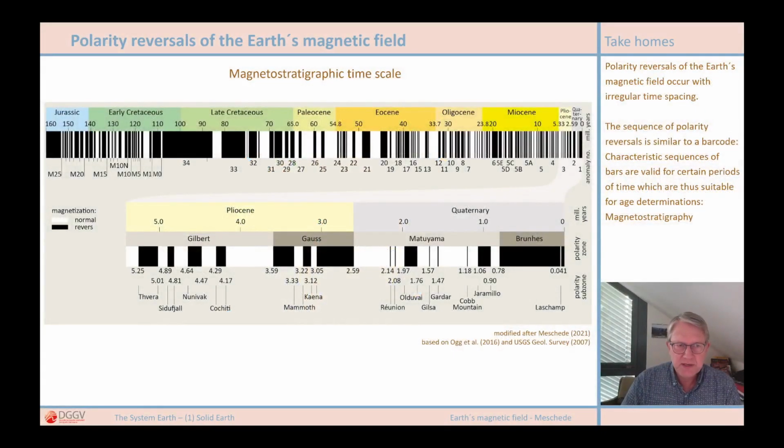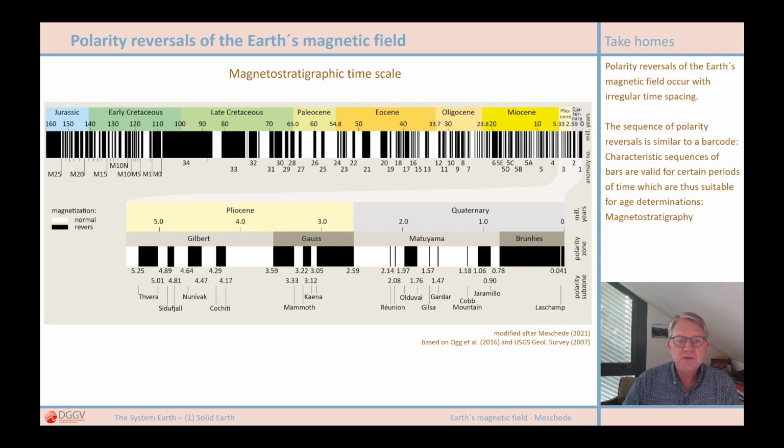The polarity of the Earth's magnetic field has repeatedly reversed over the course of Earth history, sometimes at short intervals, sometimes at longer intervals, as can be seen here in this magnetostratigraphic timescale.